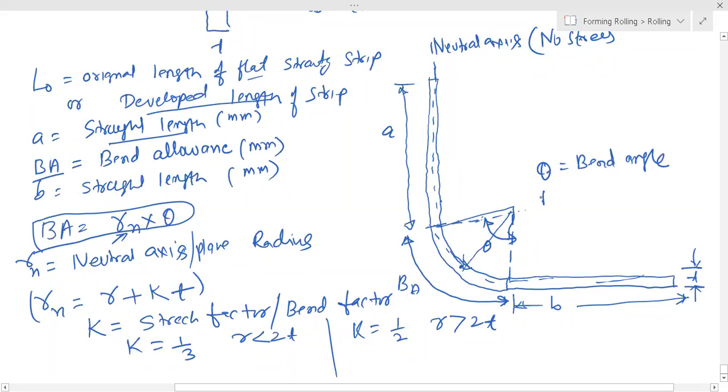R is your bend radius. Bend radius is small r. There capital R was there in the last discussion. Don't confuse. So bend radius, when I use this name, bend radius. So Rn you can calculate as R plus Kt, where T is the thickness.